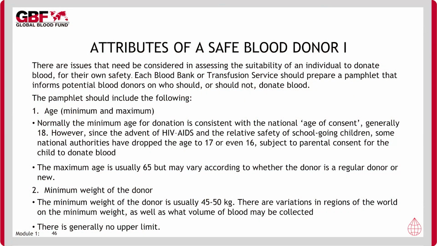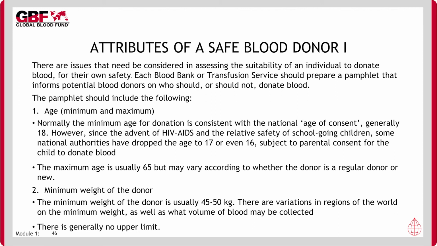Despite national differences in terms of the health of the population, the criteria to determine suitability of a person to donate blood is fairly uniform, apart from a variation in weight. In some populations, the average weight is low, and this means that the total blood volume of an individual is also low.